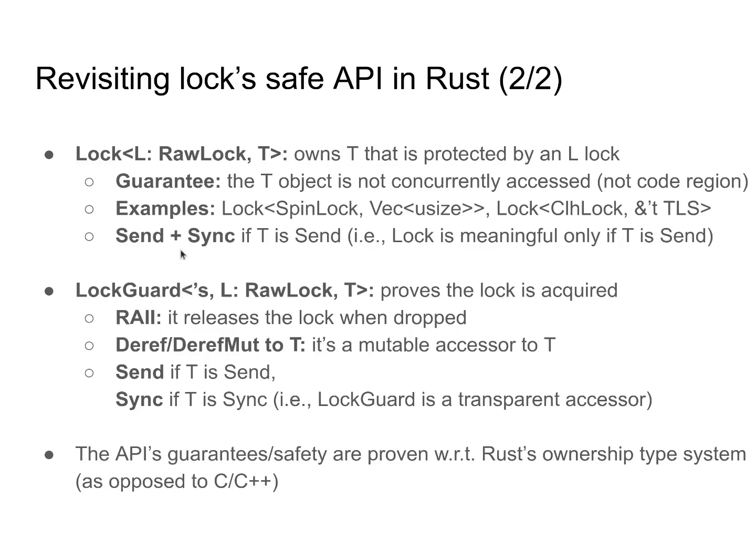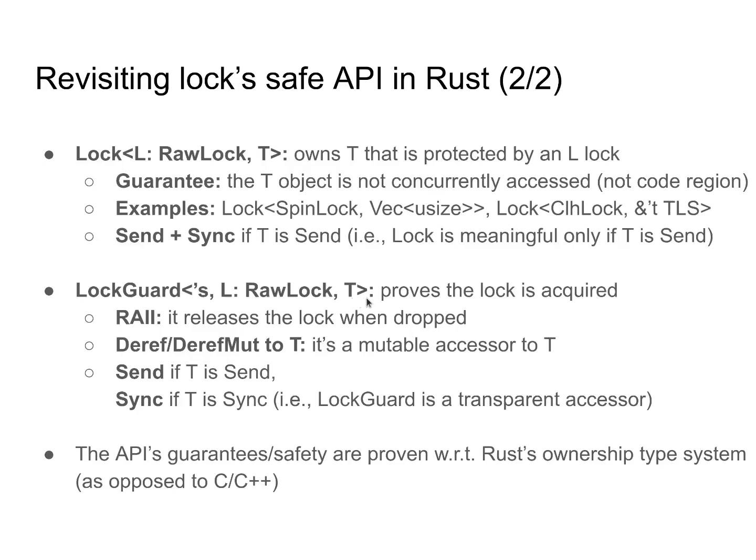Okay, so lock achieves its goal. It is associating a lock with the data. And the second construct, the lock guard, is achieving the second goal here. The second goal is that you want to automatically release the lock when you no longer access the underlying data. So in order to do that, you define a new type, lock guard, which is basically an accessor to the underlying value.